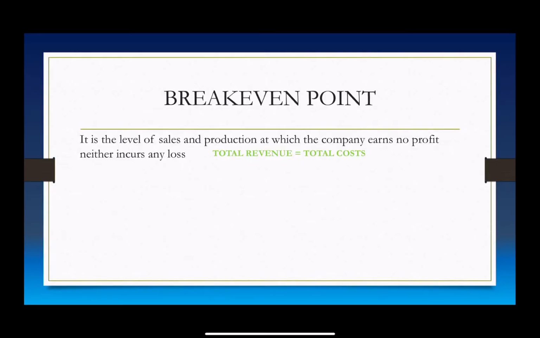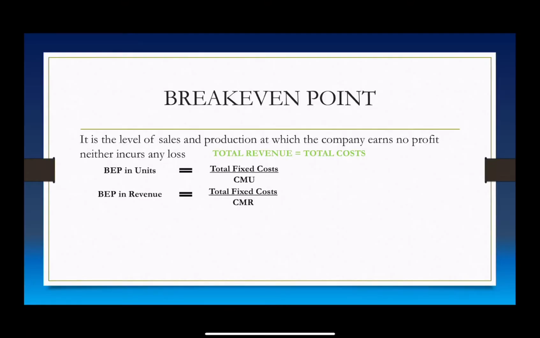Break-even point can be expressed in terms of units or in terms of sales amount. It is computed by dividing the total fixed cost over the contribution margin for break-even point in units, and total fixed cost divided by the contribution margin ratio for break-even point in terms of revenue.